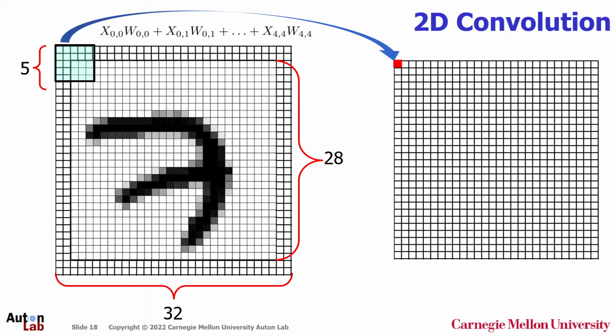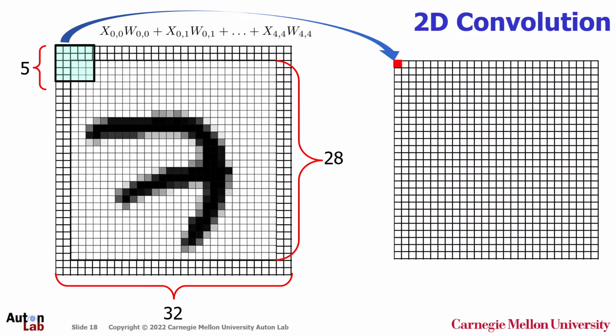We call this new image the feature map of the convolutional kernel. This green 5 by 5 matrix illustrates the convolutional kernel. The top left corner of the convolved image is simply the weighted average of the kernel matrix and the corresponding 5 by 5 submatrix of the input image, that is x00 times w00 plus x01 times w01 plus ... x44 times w44.